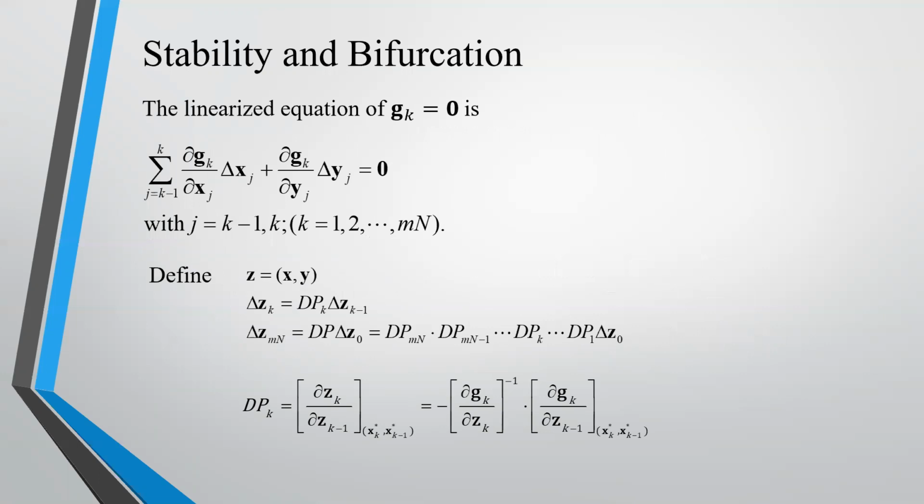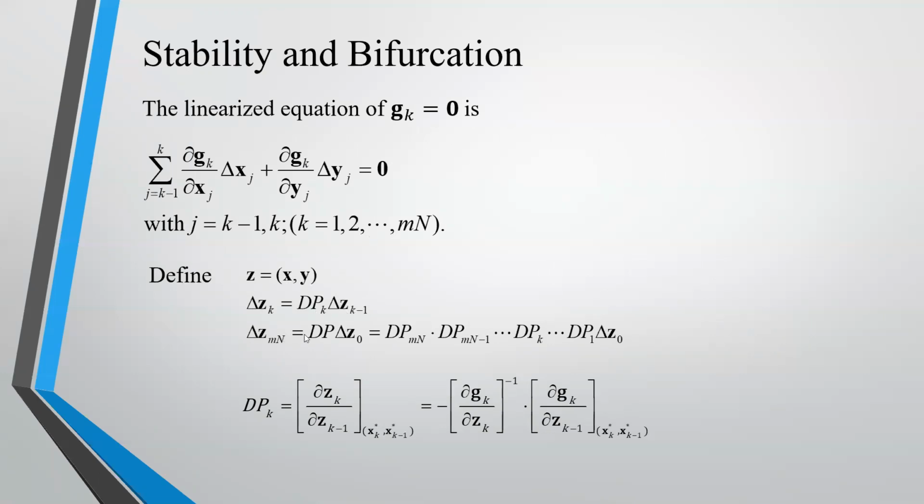For stability and bifurcation, we linearize the equation of gk equals 0. Using this equation, we can define a new vector z equals x and y. So this is the total result for all the displacement and velocity. Then delta zk equals dpk times delta zk minus 1.